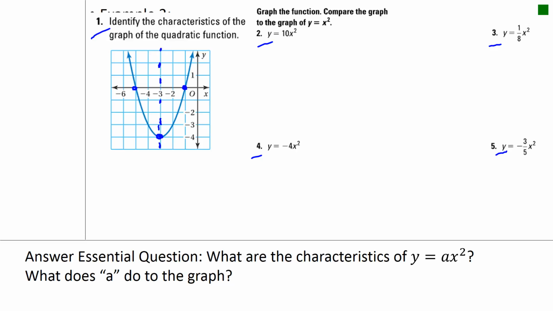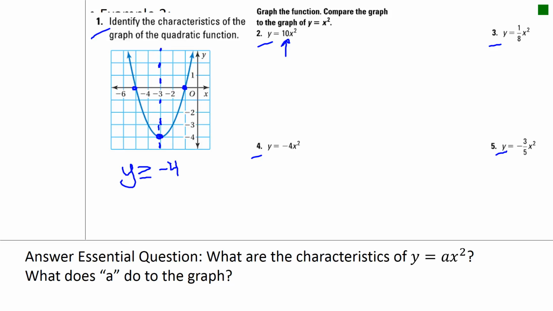You should have told me that the y-intercept is at approximately 4. Then you should have told me that the domain was all real numbers, and the range was y is greater than or equal to -4.